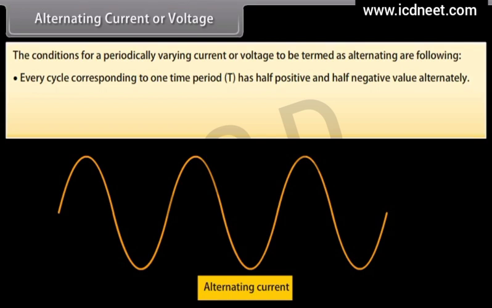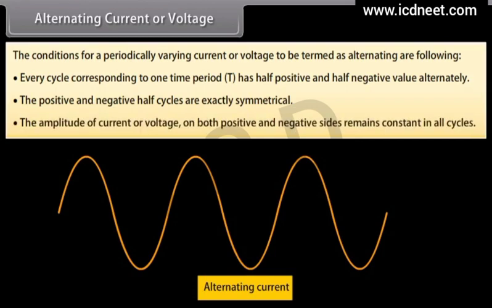In the case of current, it means that the direction of current reverses after every half cycle, and in the case of voltage, it means that the polarity of the potential difference reverses after every half cycle. The positive and negative half cycles are exactly symmetrical. The amplitude of current or voltage on both positive and negative sides remains constant in all cycles.